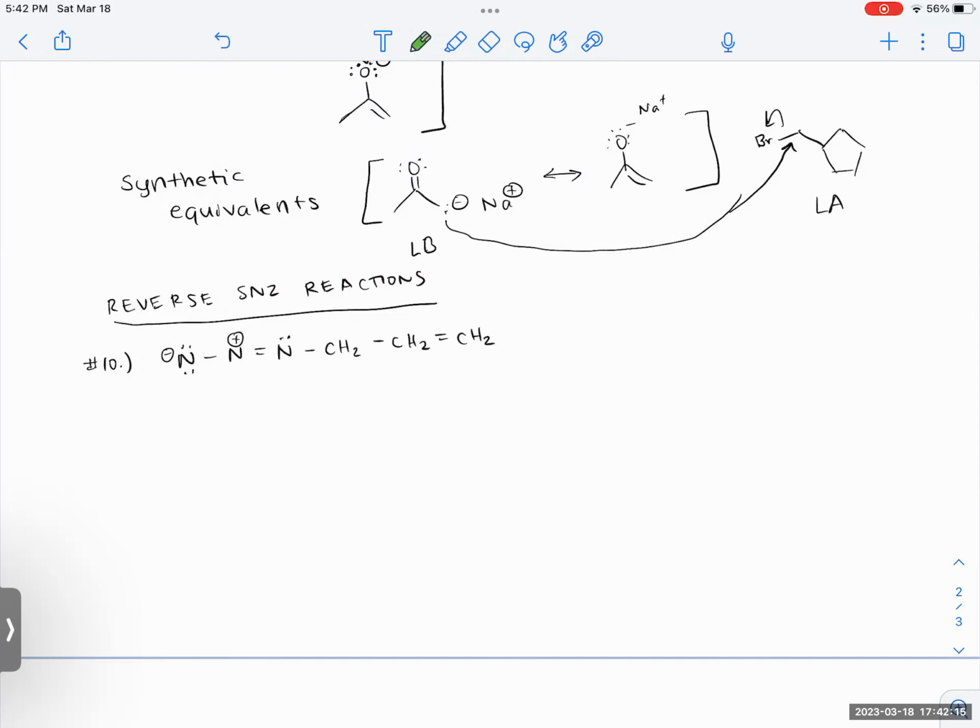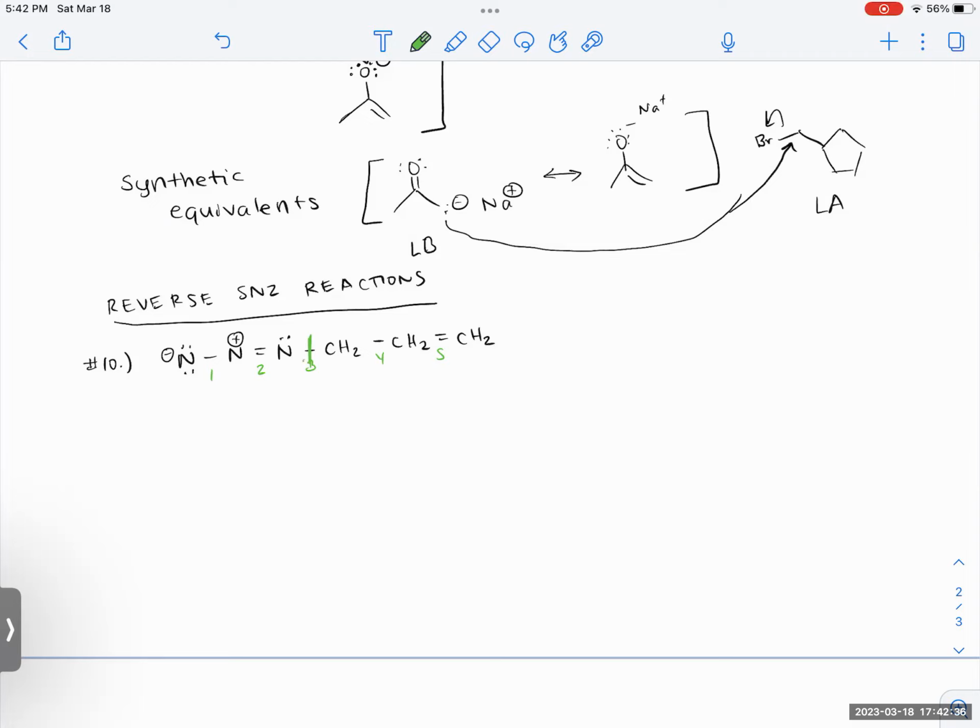So knowing what we know, where do you think we should break the bond? I'm just going to number them 1, 2, 3, 4, 5. From the third nitrogen. Yep. We're going to break the bond right there.